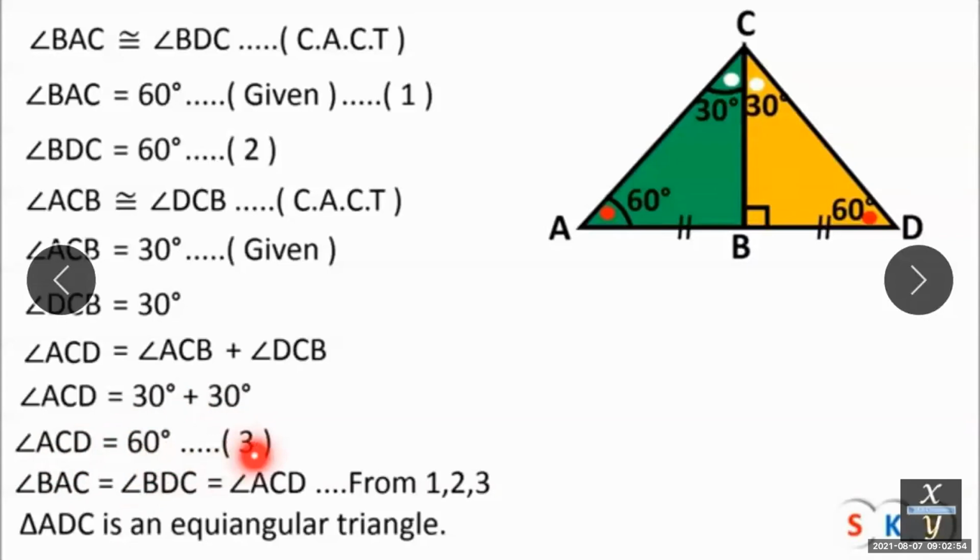Now see in this complete triangle, here angle A is 60 degrees, D is 60 degrees, and this C is also 30 plus 30, which we just did here, that is 60 degrees.